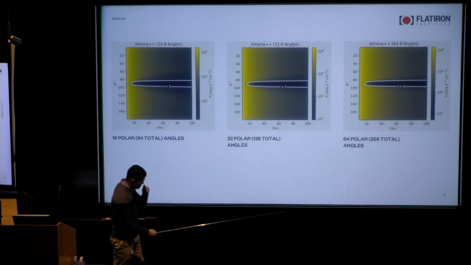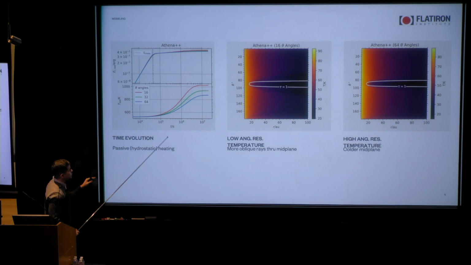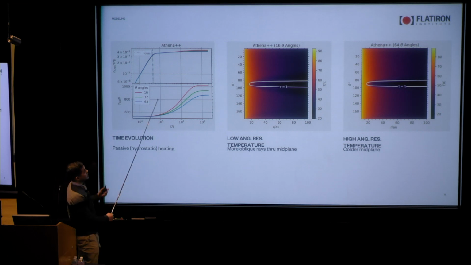Now, of course, we're most interested in the thermodynamic structure, and so what we can do is let the system evolve with passive heating in a hydrostatic way, meaning we disable any azimuthal gas velocities, and we do not allow any radiation source terms to go onto the gas, for example, momentum transfer from radiation pressure.